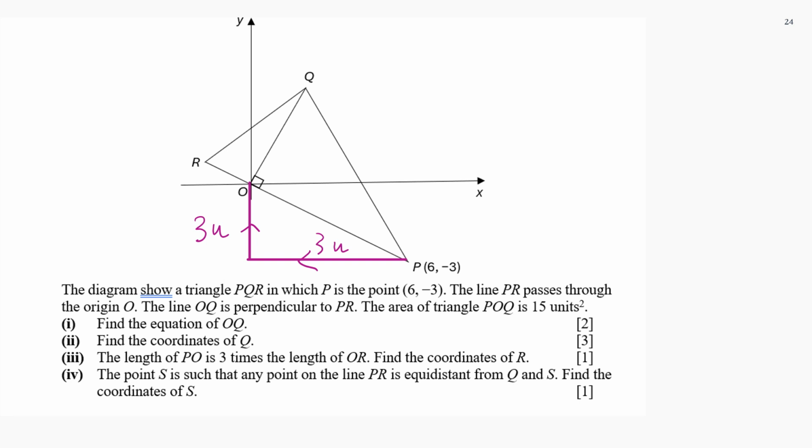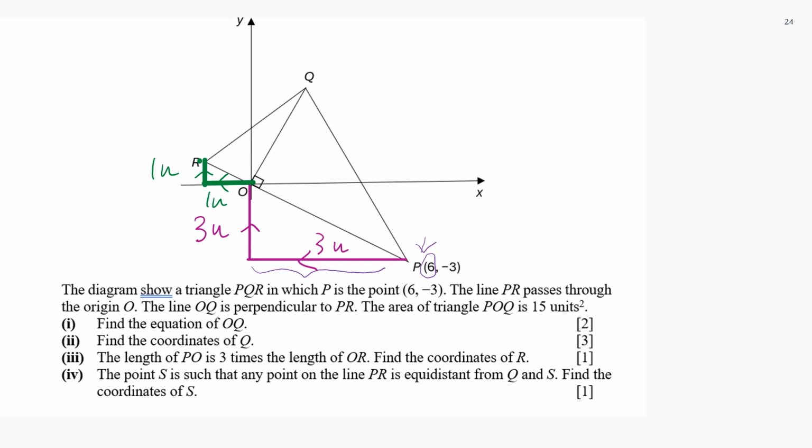And then you will need to walk 1 unit to the left and 1 unit up to reach point R, because the ratio is 1:3, right? So these 3 units actually represent 6, because the x coordinate of P is 6. So if 3 units represent 6, then 1 unit will represent 2 steps. So 3 units is 6 steps, so 1 unit is 2 steps, right?